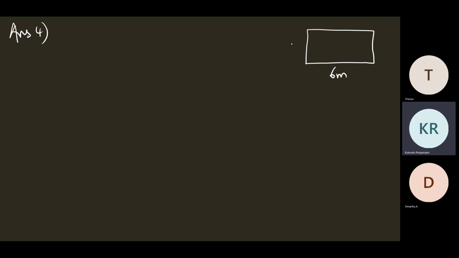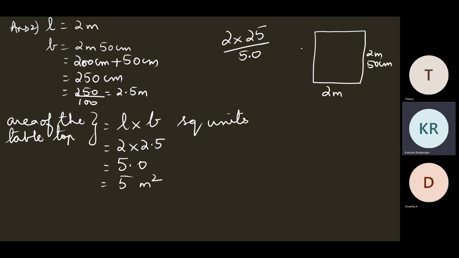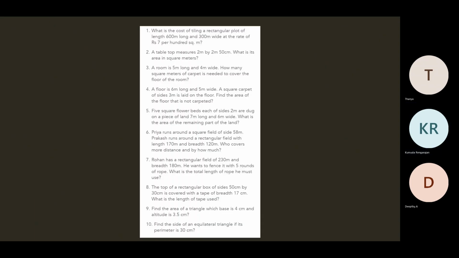So this is the floor of a room or a hall, which is 6 meters long and 5 meters broad. And a square carpet. See that? The floor is rectangular because 6 meters long, 5 meters wide. But the carpet is a square. The carpet is in the shape of a square.